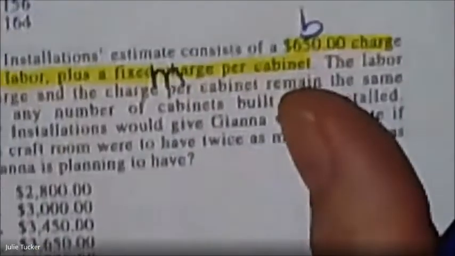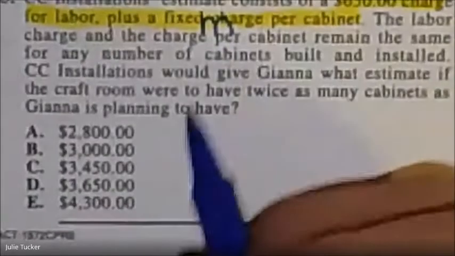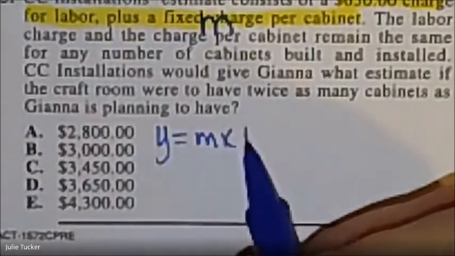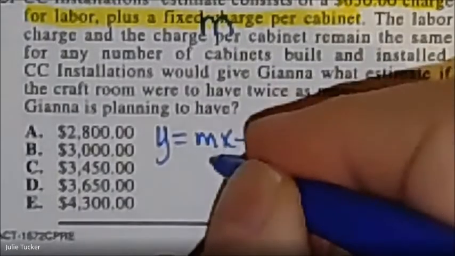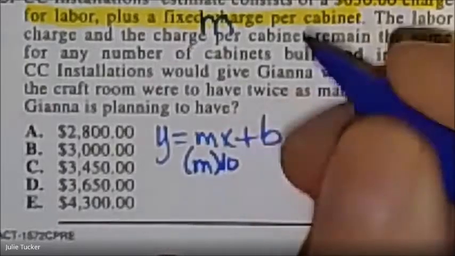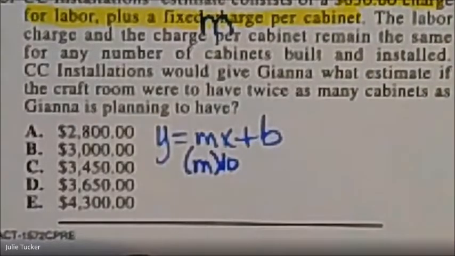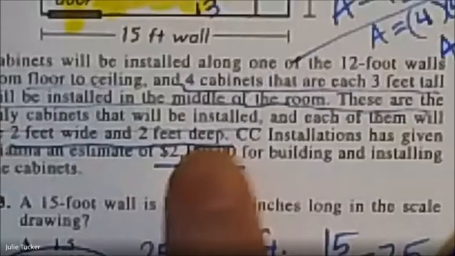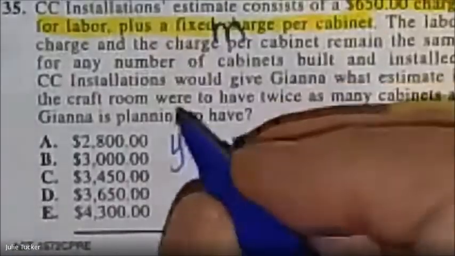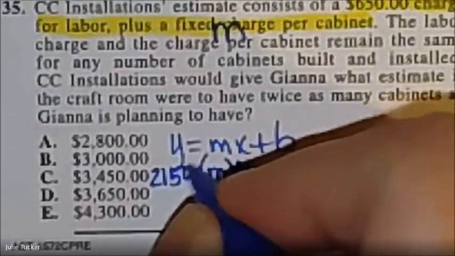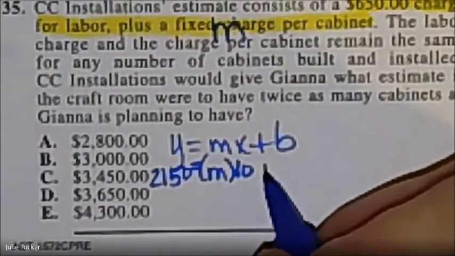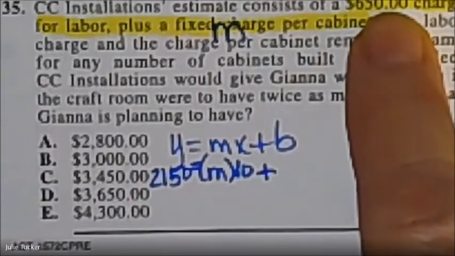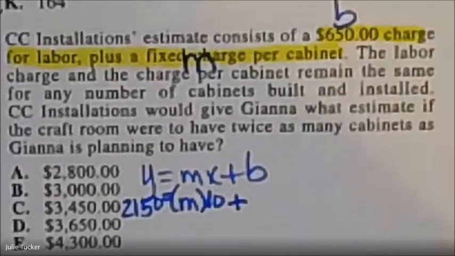Okay, so we come back down to this problem, and we already know how many cabinets: 10. So we don't know the M, but we do know the estimated total is $2,150. So I'm going to go 2,150 equals the M times 10 plus the fixed price right there, 650.